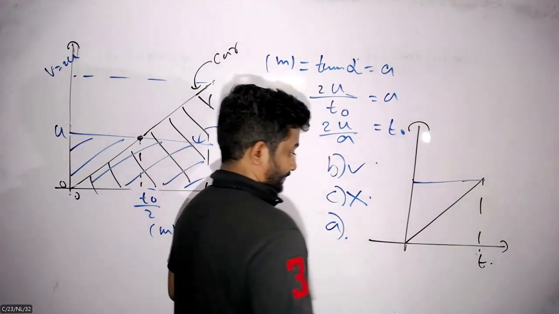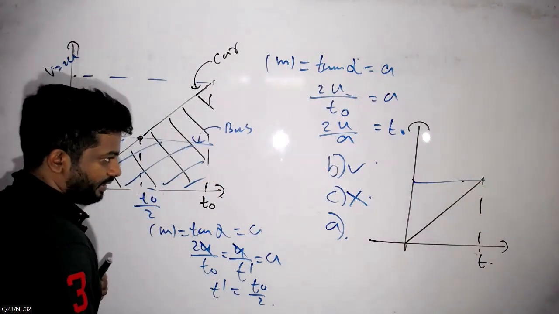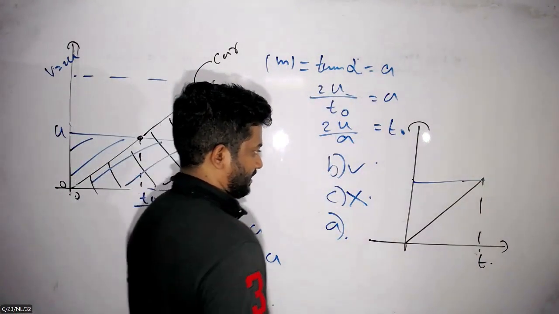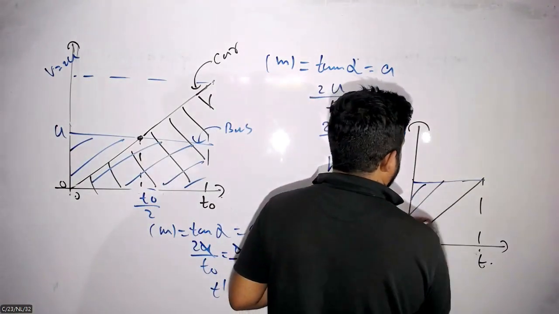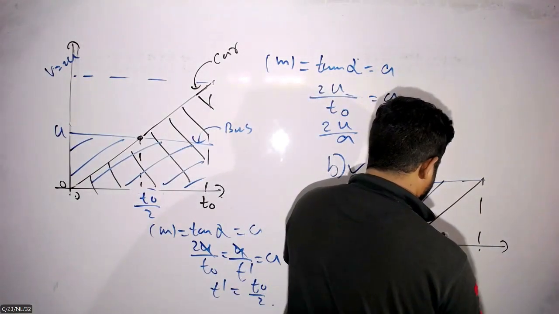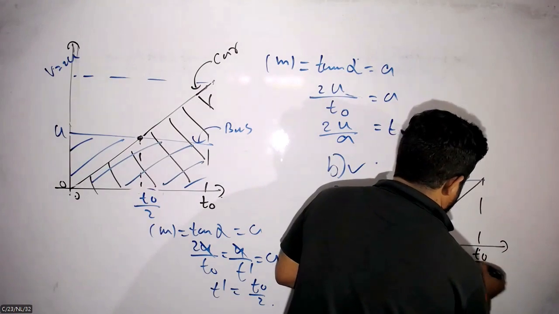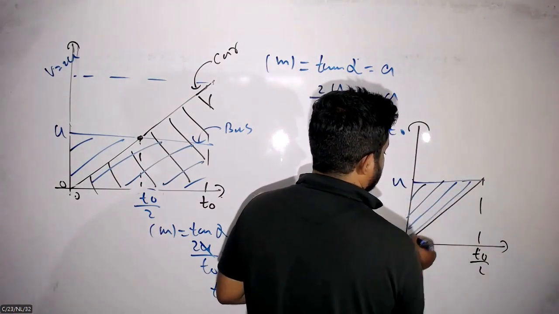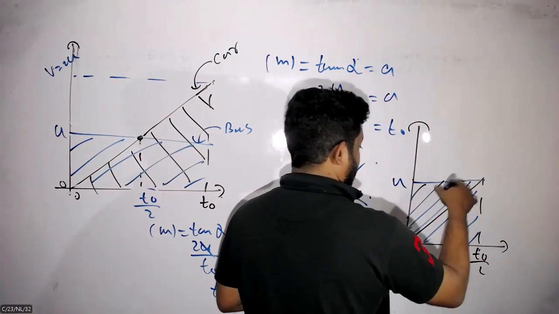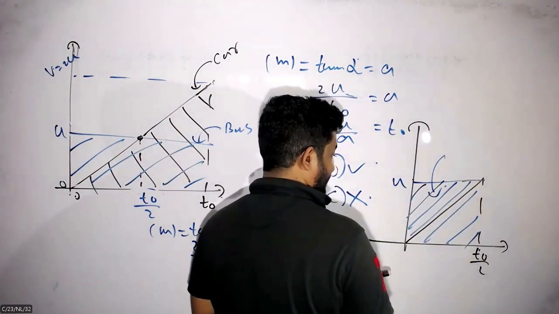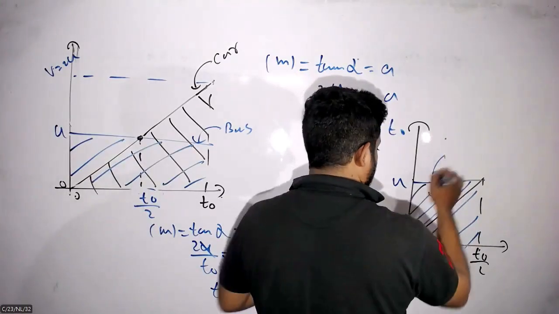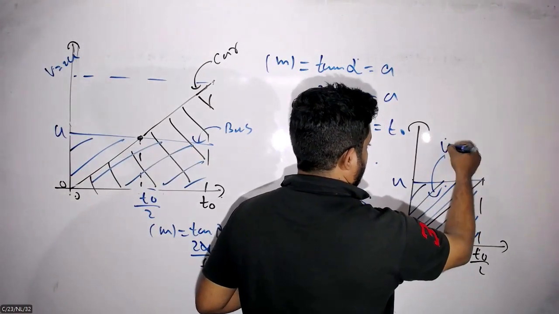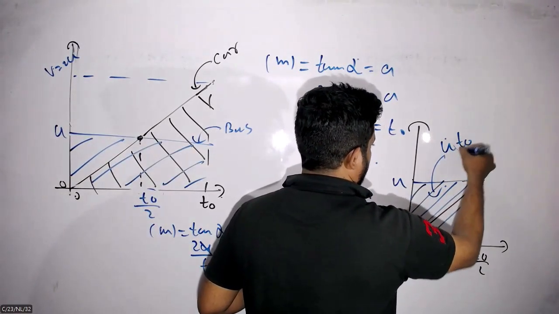This one is the velocity time curve of the bus, right? Now the time is t naught over 2. The velocity is u. So you can identify the displacement acquired by the bus when the two velocities are equal. It is equal to this area, u into t naught over 2.